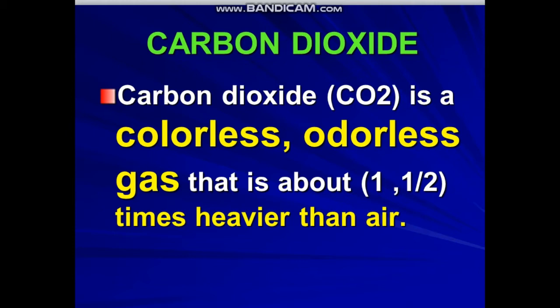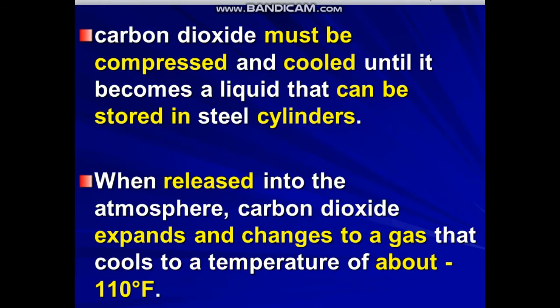Carbon dioxide, CO2, is a colorless, odorless gas that is about 1.5 times heavier than air. Carbon dioxide must be compressed and cooled until it becomes a liquid that can be stored in steel cylinders.